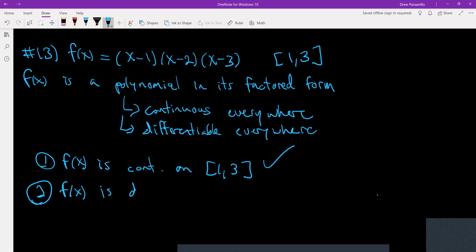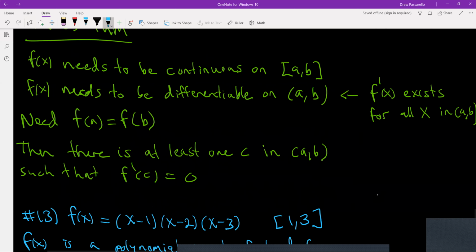So I'll use DIFF for differentiable. All right, so then we need to check that f of 1 equals f of 3. So we met this one and that one. We need to check this.